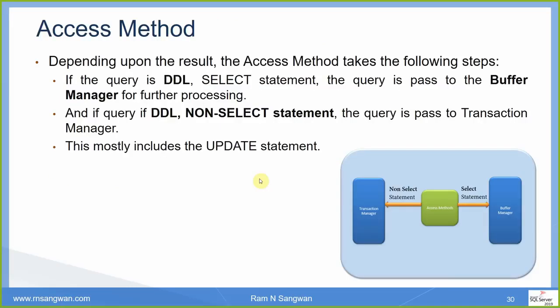Depending on the result, the access method takes the following steps. If the query is a select statement, the query is passed to the buffer manager for further processing. If the query is a non-select statement, the query is passed to the transaction manager. This normally includes the update statement.